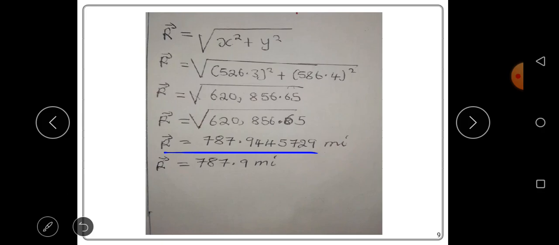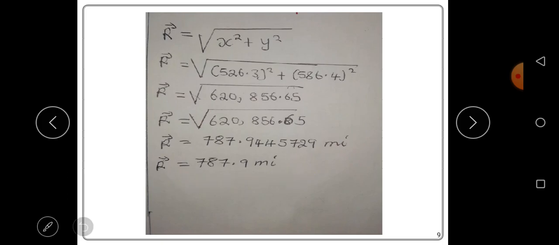It's also important that you take note of the units. So we can write this in four significant figures as 787.9 miles. So this is the magnitude of the resultant vector.